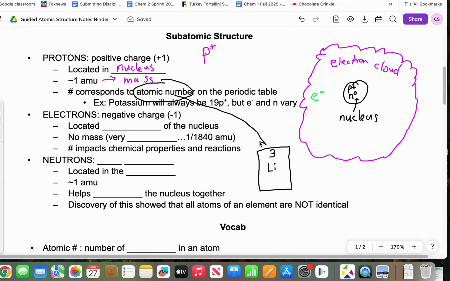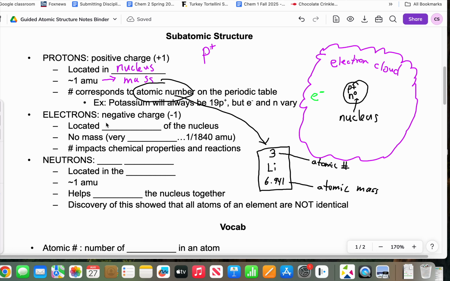That's also the number of protons. And then down below, 6.941, that's called the atomic mass. You might want to make this little key. But the important one is the atomic number. That is equal to the number of protons.